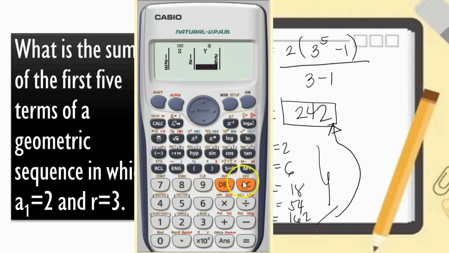And then, AC. So, shift log lang ulit kapag summation. Alpha x, shift 1, 5, 5, and then shift, close parenthesis, and then yung first 5 terms, so from 1 up to 5, or 5th term, equal. So, 242, which is correct naman, compared with the final answer sa manual solution.